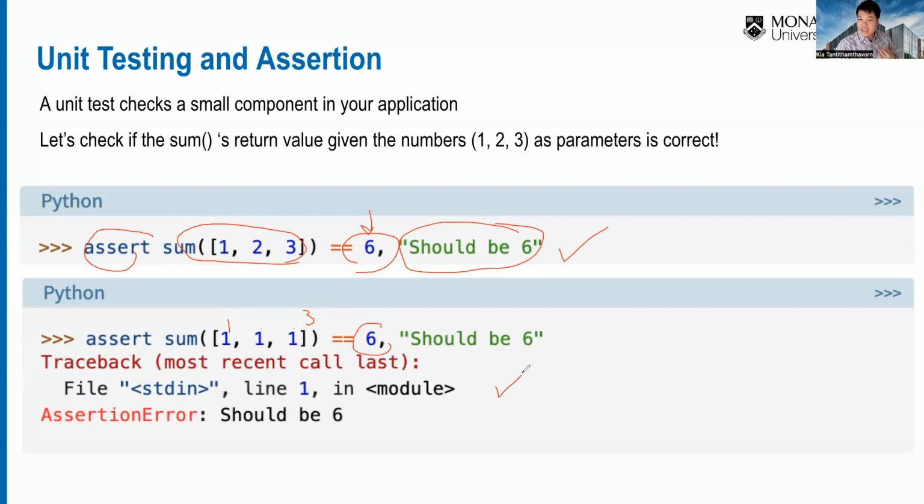So when the test case fails, it doesn't mean that the code is incorrect, right? Sometimes the test case can be incorrect as well, because we design the test case based on the code or based on the requirement, right?